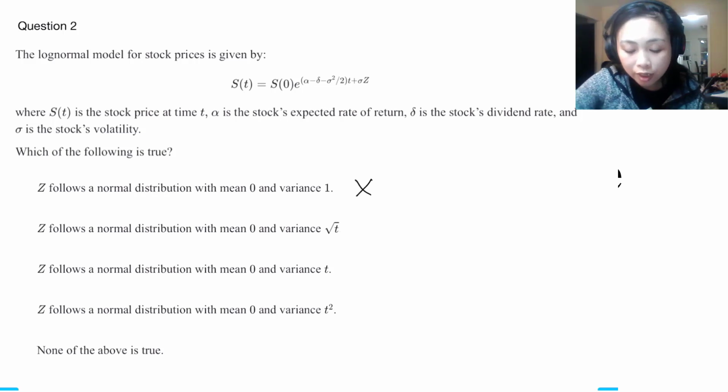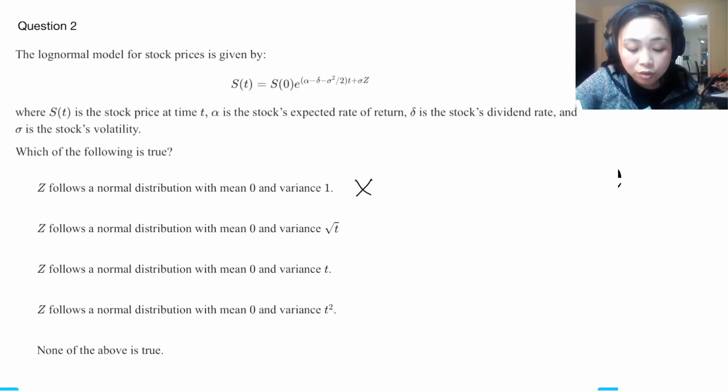But for IFM, the author didn't really pay attention to that, and they use Z as just a regular normal distribution. So when you read the IFM exam, you have to reprogram your brain to understand that Z is not a standard normal distribution. So you're not going to pick the first answer, okay?